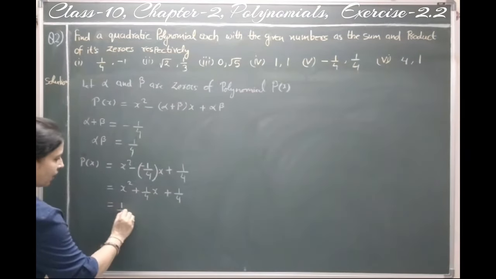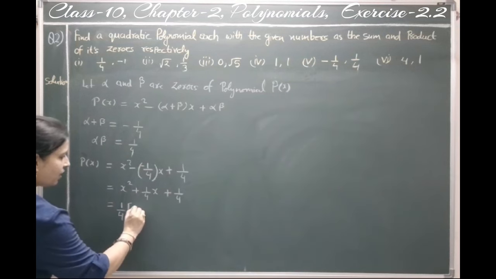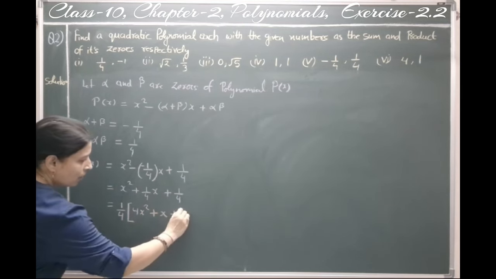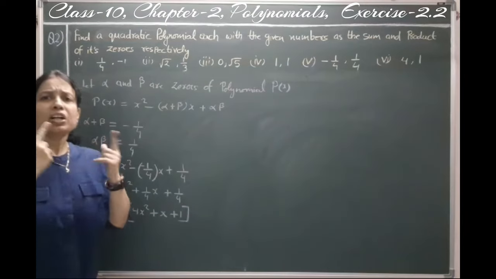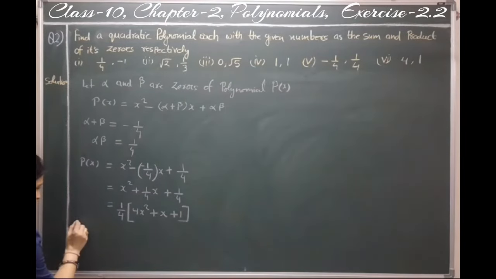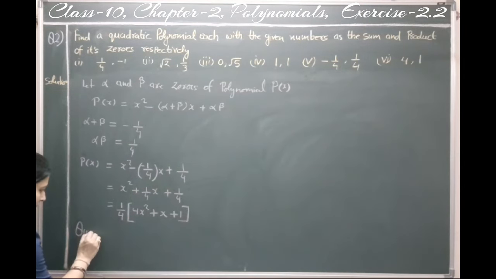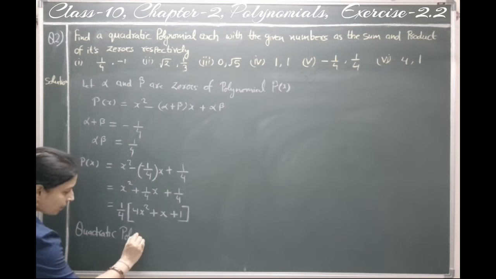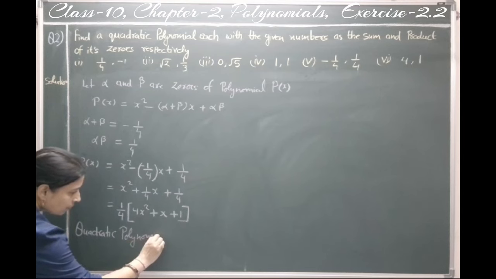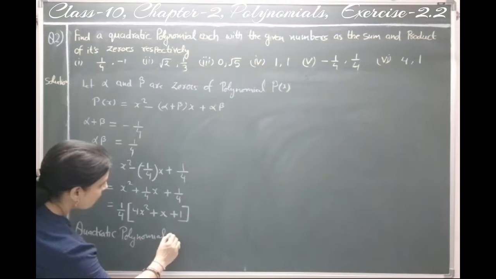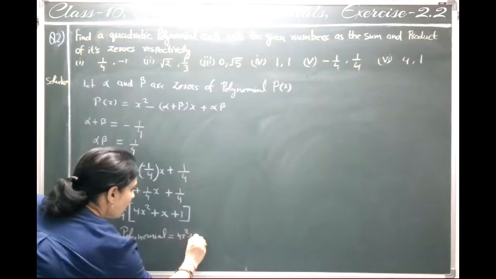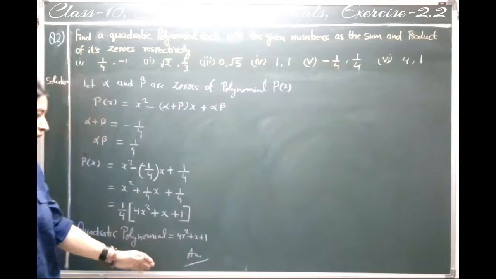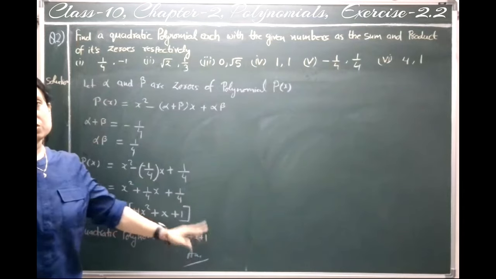Now we can take 1/4 common and write (4x² + x + 1). 1/4 is a constant term. So we can write the quadratic polynomial 4x² + x + 1. So this is your answer for the fifth one.